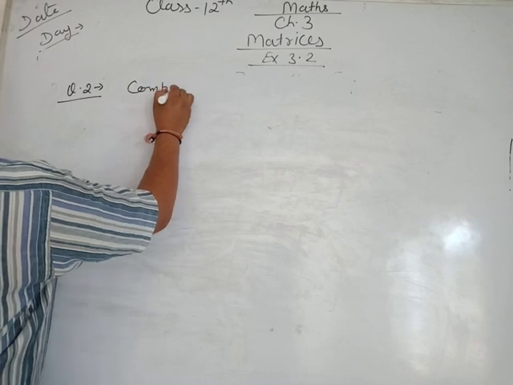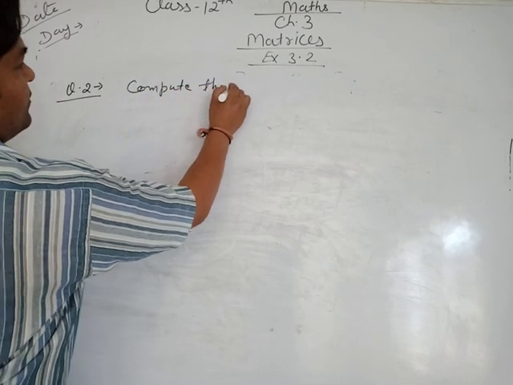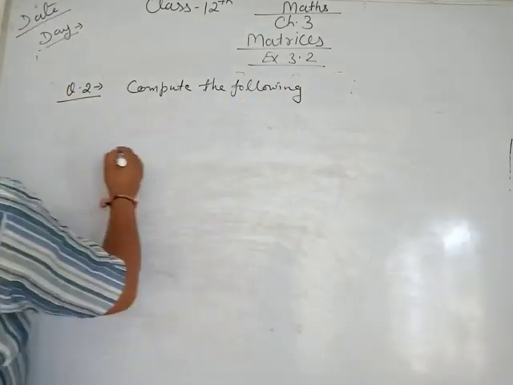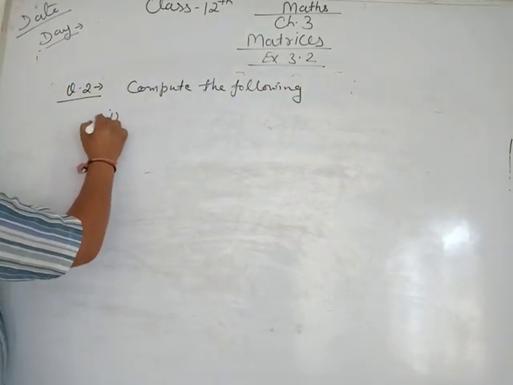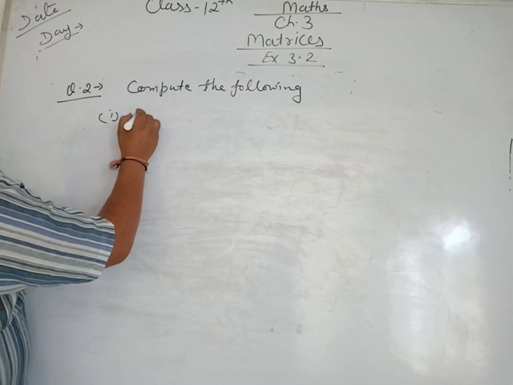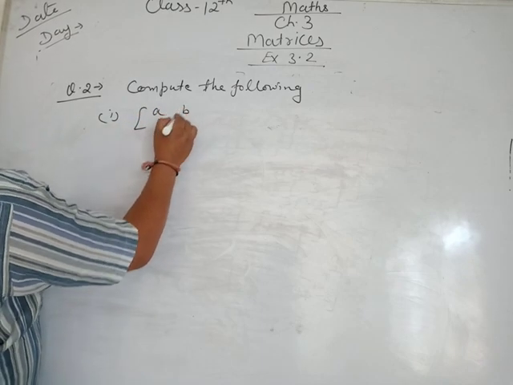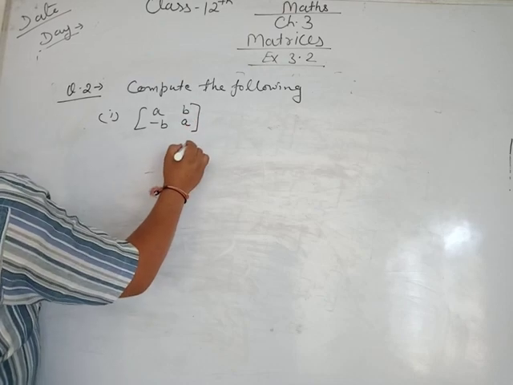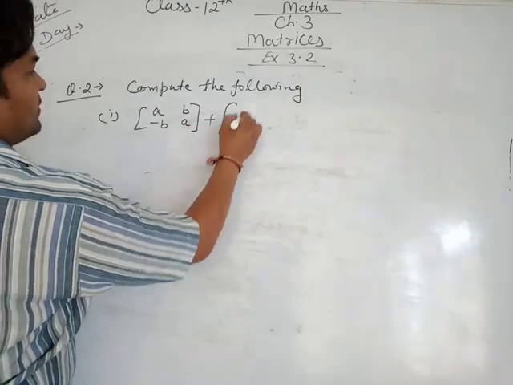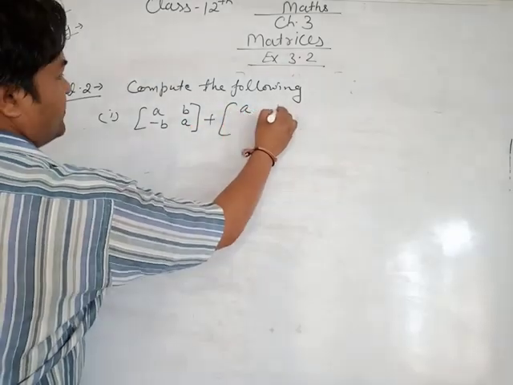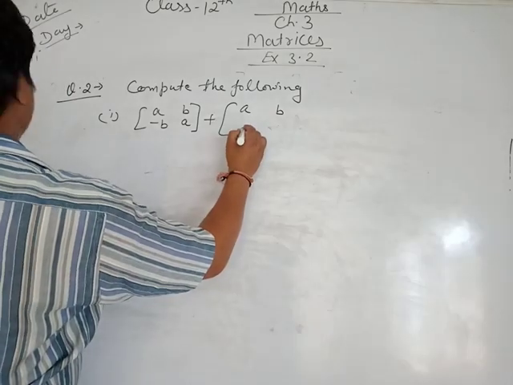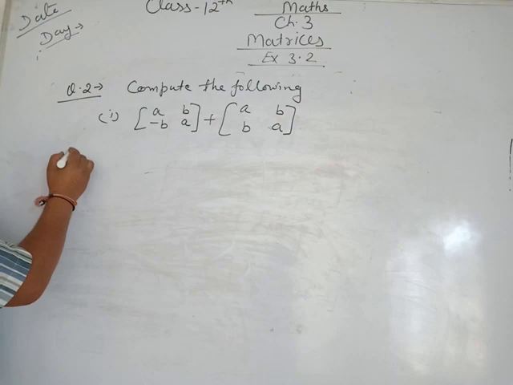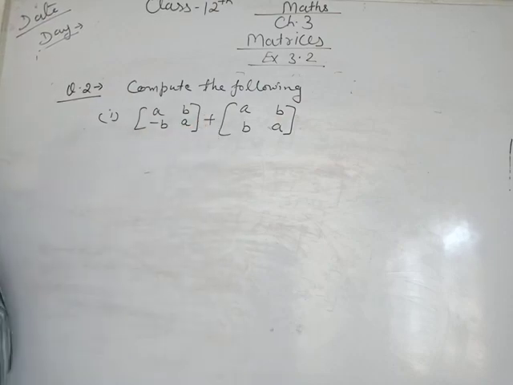Compute the following. First part is A B minus B A plus A B B A. Similarly, there is a positive sign.